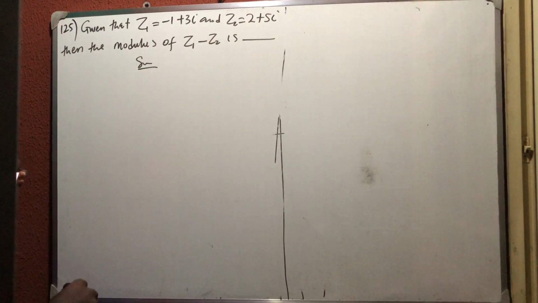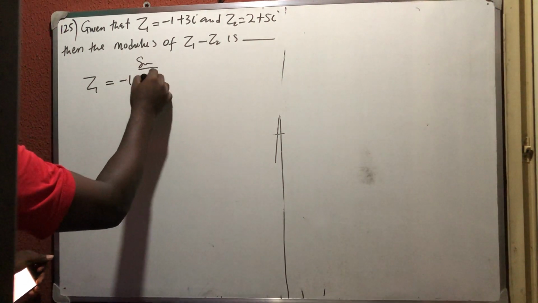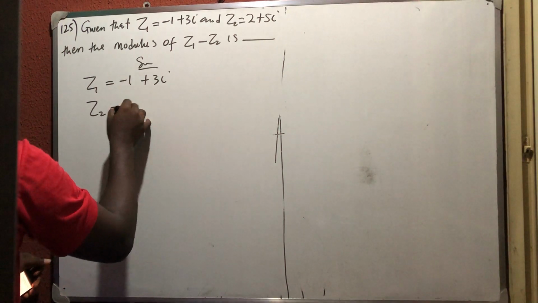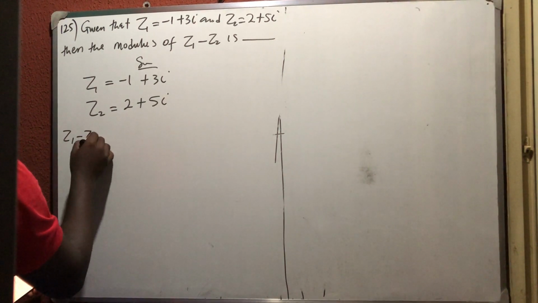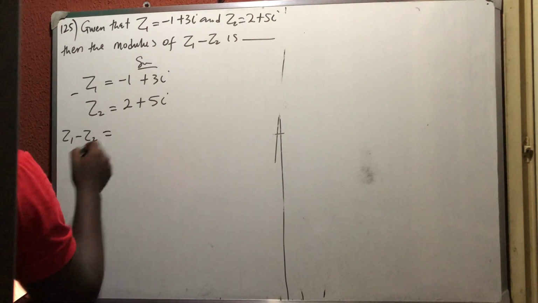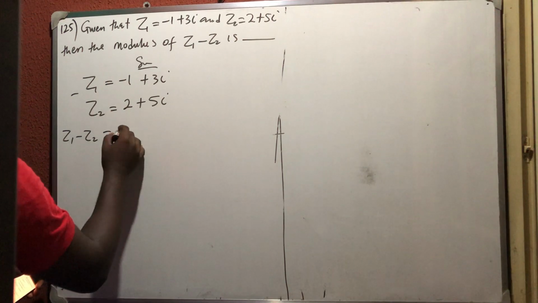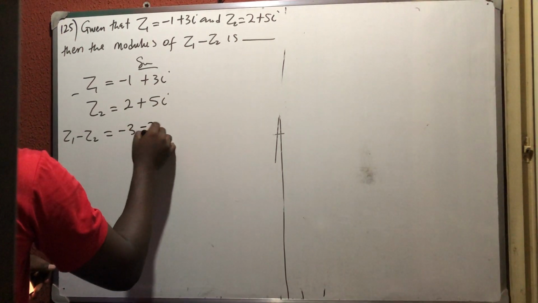Solution. So first of all, my z1 is equal to minus 1 plus 3i, my z2 is equal to 2 plus 5i. So z1 minus z2 is equal to, subtract, you are going to have minus 1 minus 2 will give you minus 3. 3 minus 5 will give you minus 2i.